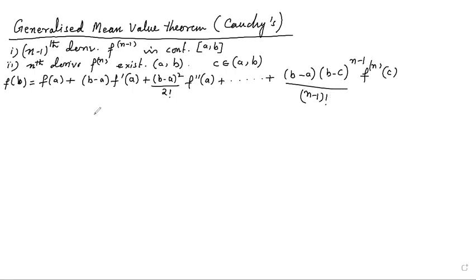So this is your Rn now. The remainder after n terms, that is Rn, will be (b minus a)(b minus c)^(n-1) f^(n)(c) divided by (n minus 1) factorial. This much you need to remember, you need to learn. If you know this, you can derive the other forms also.